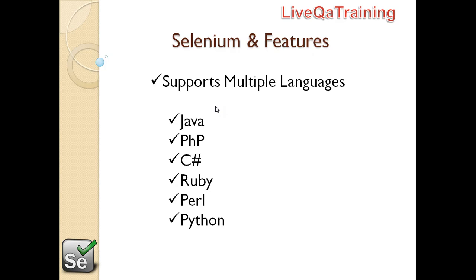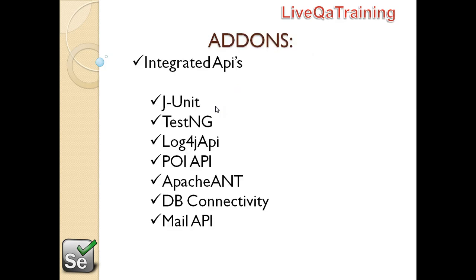Now, we are also going to integrate a lot of other APIs with Selenium. Just take an example. If you want to connect to a database, get the data, compare the data, and execute your automation scripts, we need a database connectivity API.